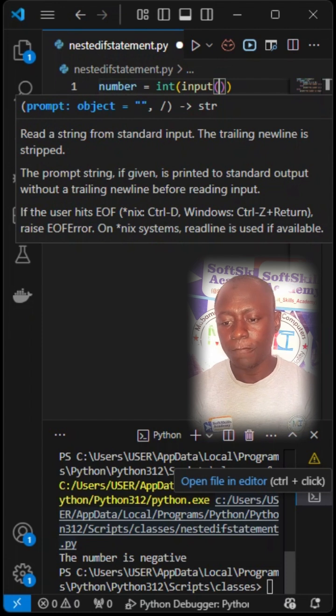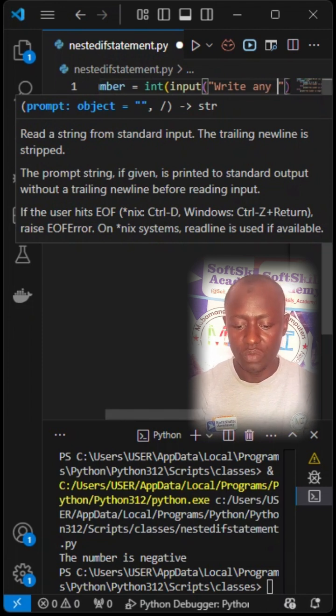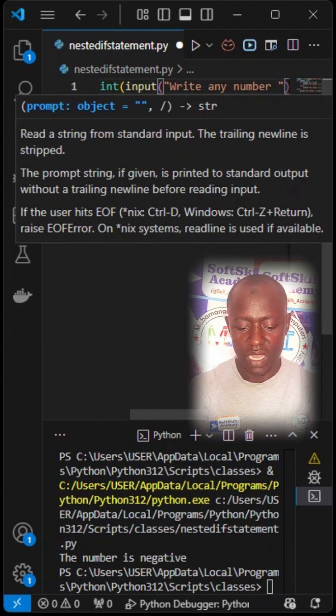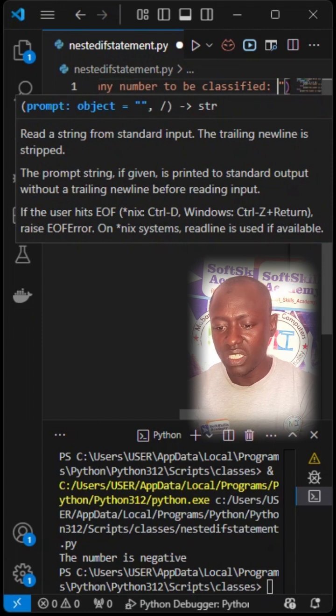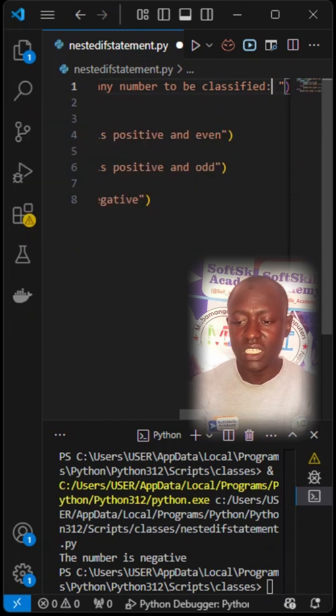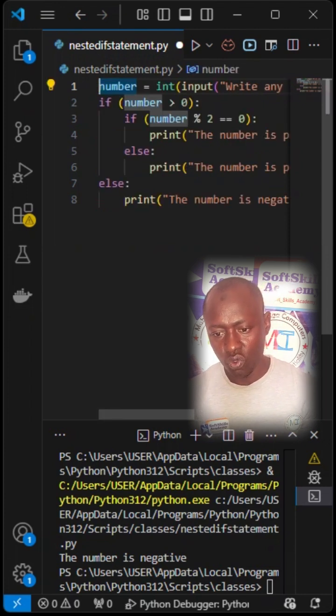So here we are going to write any number to be classified. So the system is going to prompt the user to write any number of his choice. After you have written that number, it will come and execute this.